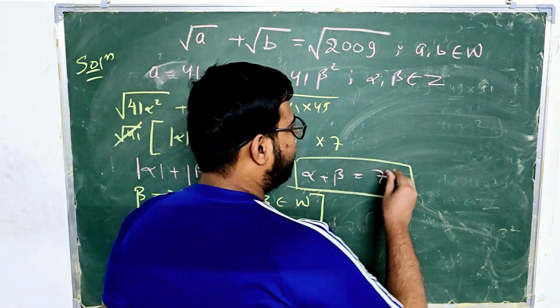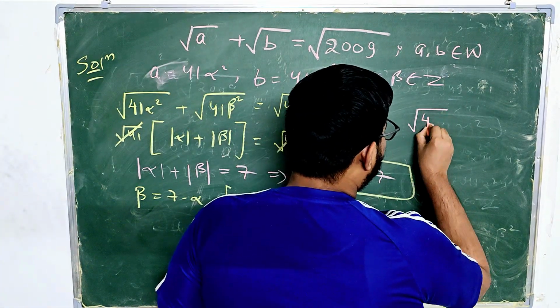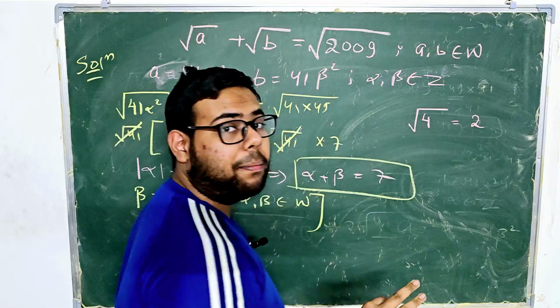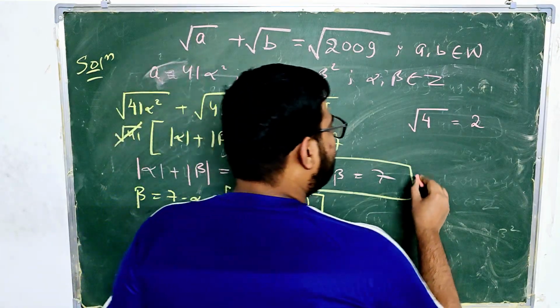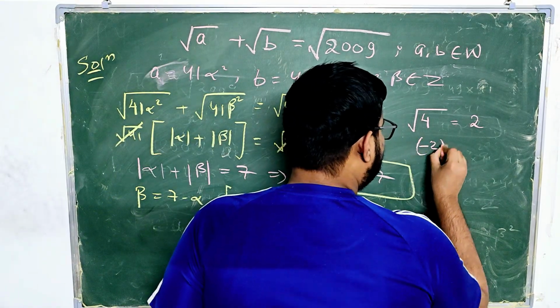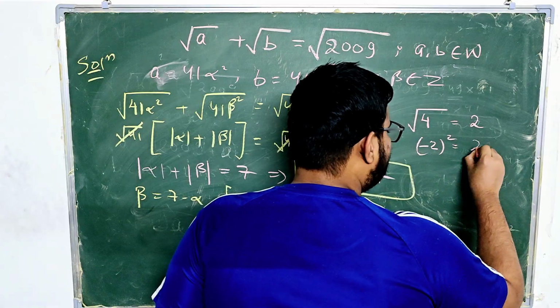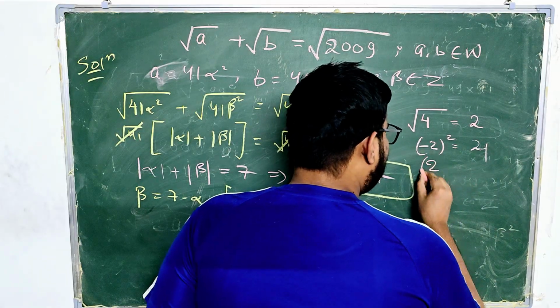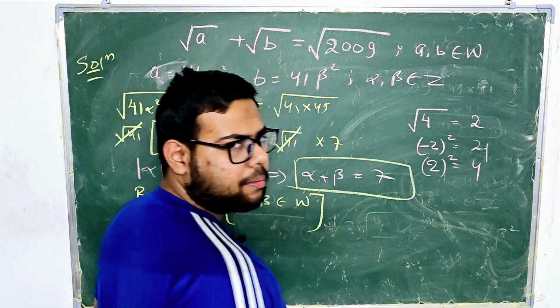Let me explain also if you didn't understand over there. Square root of 4 is 2, not plus minus 2. But we know that negative 2 square is also equal to 4, and 2 square is also equal to 4, right?